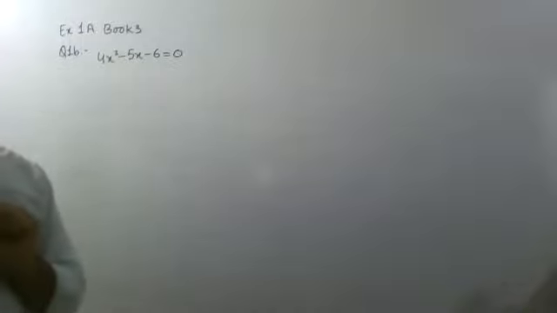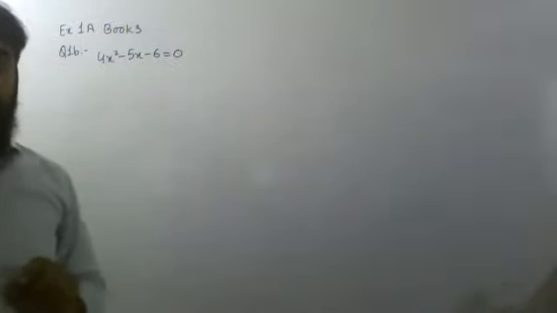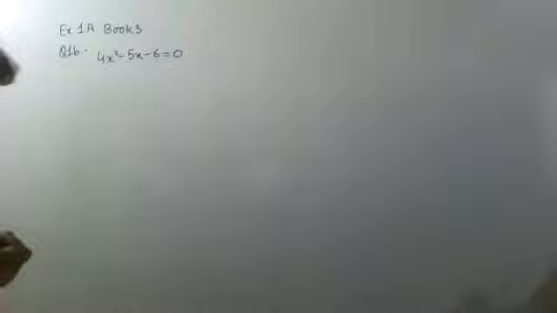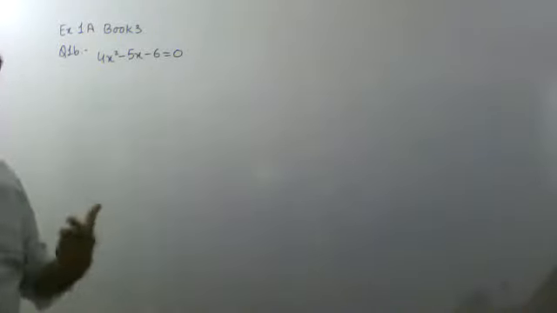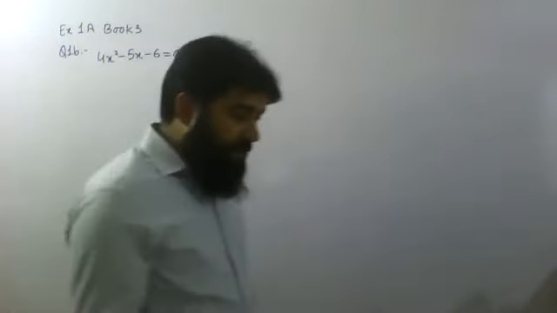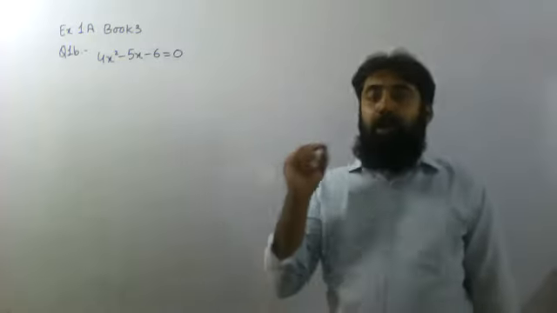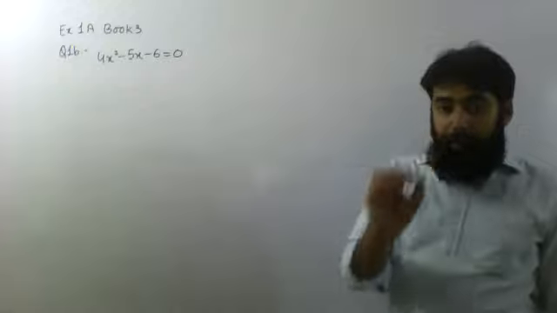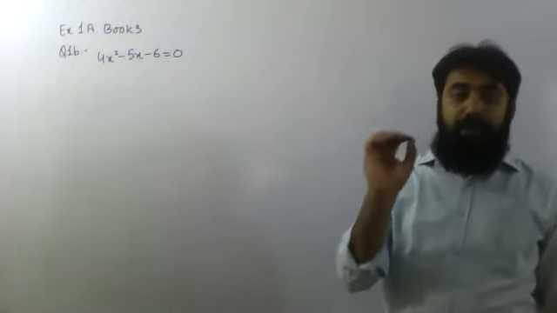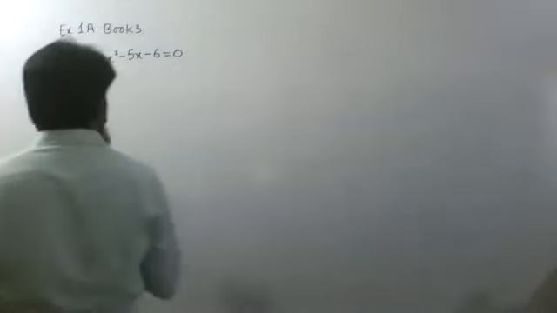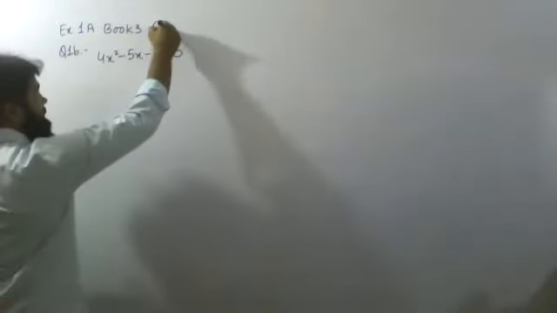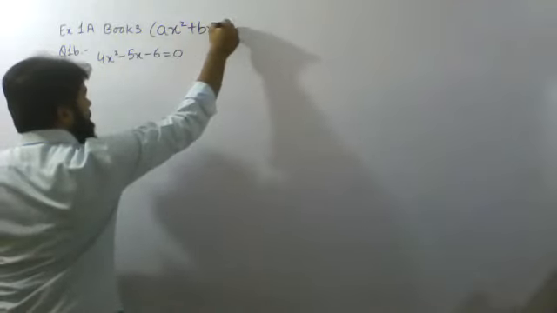When we are talking about a quadratic equation, if you are going to do middle term splitting, your equation should be written in a proper quadratic form. What is the proper quadratic form? The form of quadratic is ax square plus bx plus c.